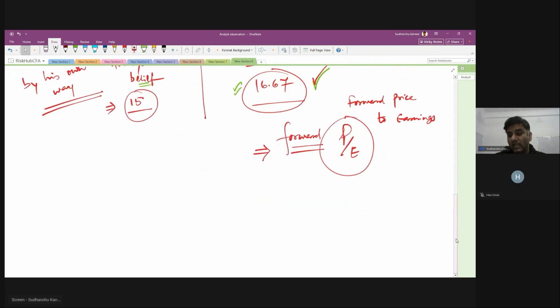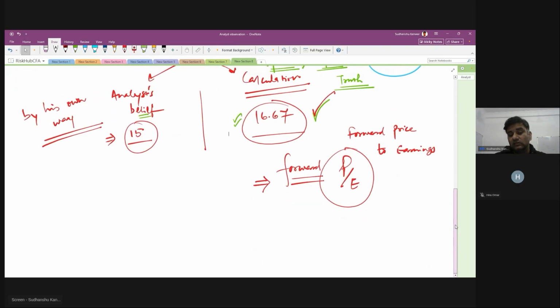right? The analyst's belief is 15. Now the question is whether it is overvalued or undervalued. How do I decide? Now the question is that the fundamental input into the equation implies a forward price to earnings of 16.67 rather than 15, right?